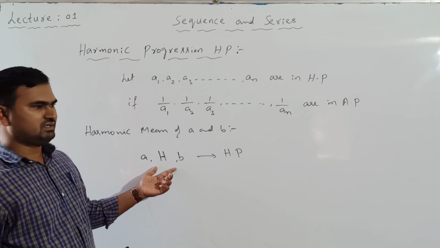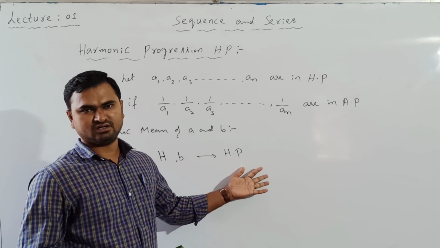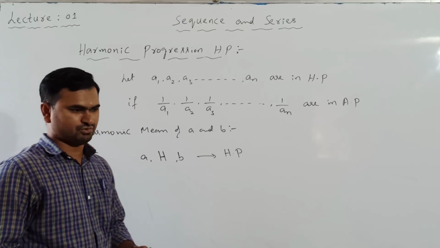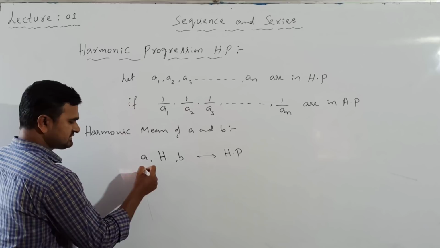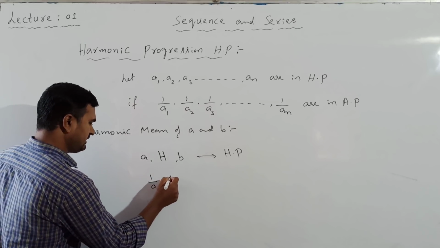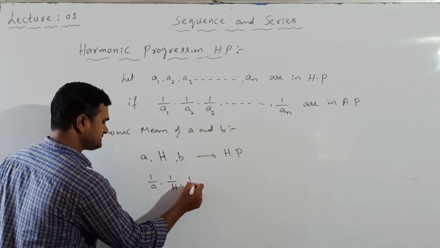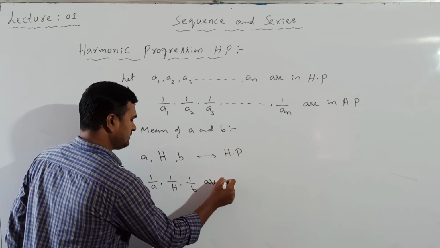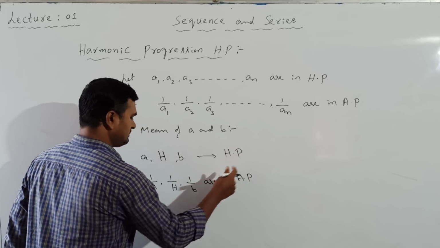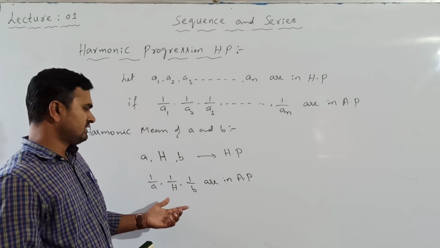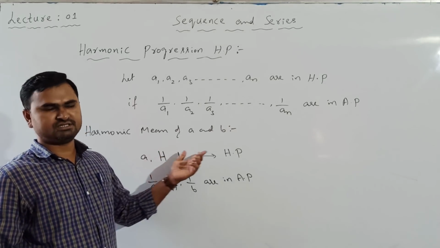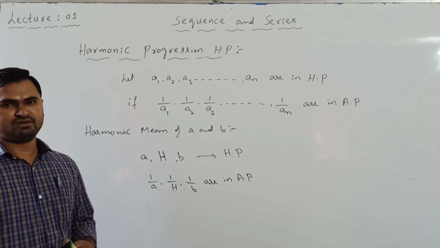For finding the H value, we convert this harmonic progression to arithmetic progression. Just take reciprocals: 1 by A, 1 by H, 1 by B are in AP. So now we can solve this for H using arithmetic progression. After finding H, we say H is the harmonic mean of A and B.